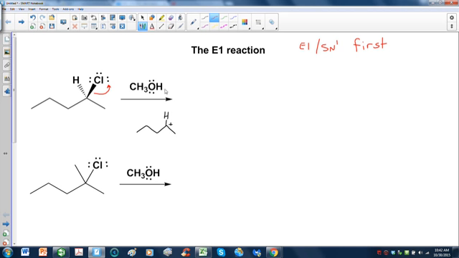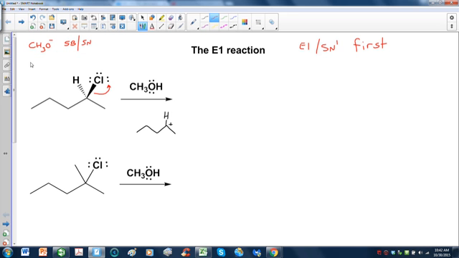But if you have a compound here that's a weak nucleophile and a weak base, all right. So in the previous video about the E2 and SN2 reactions, I talked to you about how things like CH3O- was a strong base and a strong nucleophile because it's negatively charged and it's small.